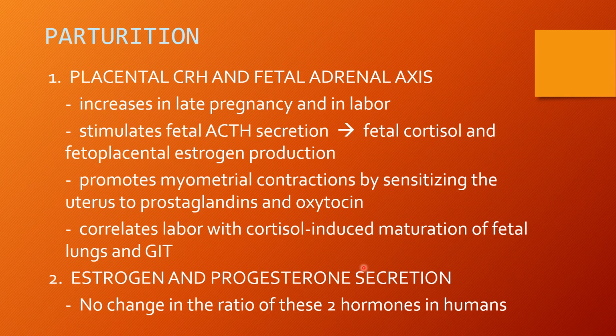Your placental CRH and fetal adrenal axis will promote myometrial contraction by sensitizing the uterus to produce prostaglandins and oxytocin. And also it correlates labor with cortisol-induced maturation of fetal lungs and GIT. For the estrogen and progesterone secretion, it is noted that there is no change in the ratio of these two hormones in humans.